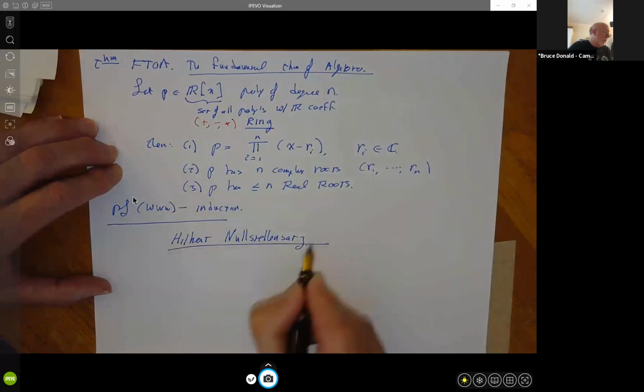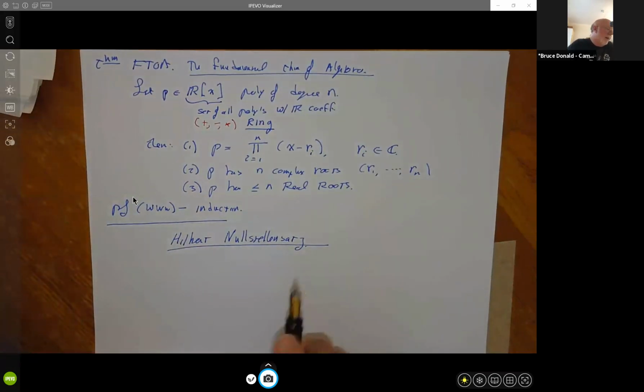It's called Hilbert's Nullstellensatz. Translated from German, roughly, Hilbert's zero locus theorem, or the theorem of zeros, which implies the fundamental theorem of algebra.